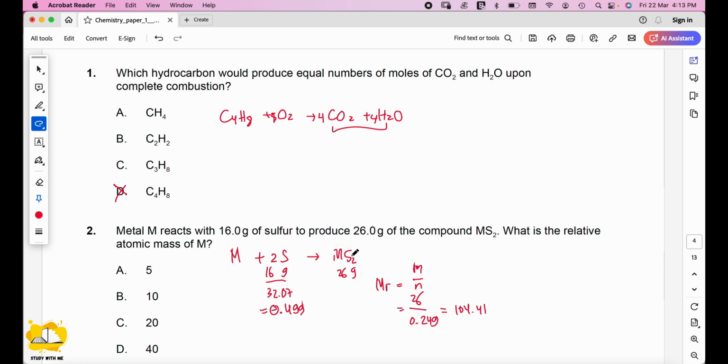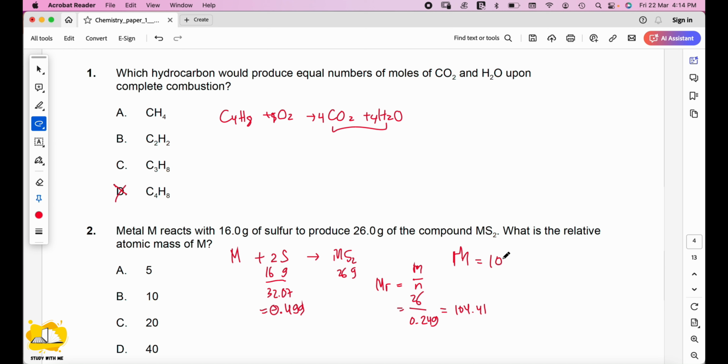And as you know, the molar mass of S is 32.07, times 2, so you will get S2, which is 64.41 (64.14). And the molar mass of MS2 is 104.41. To get the relative atomic mass of M, you need to eliminate them.